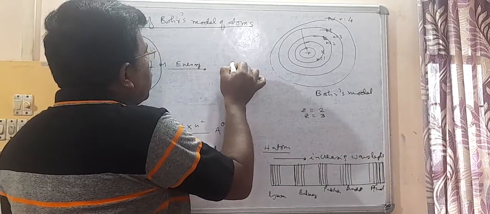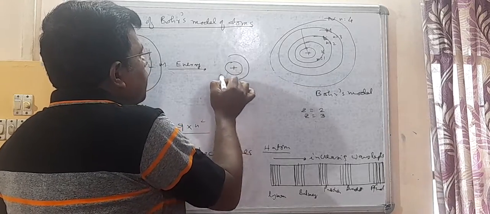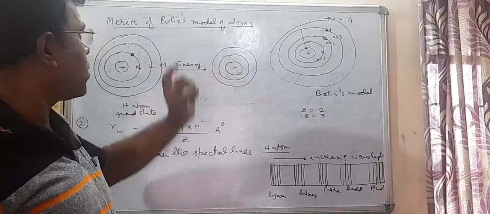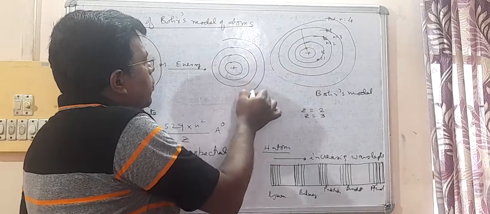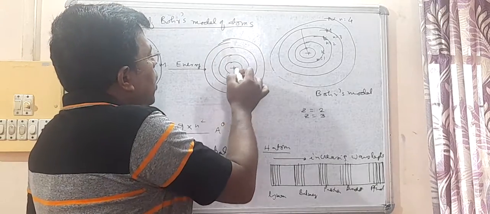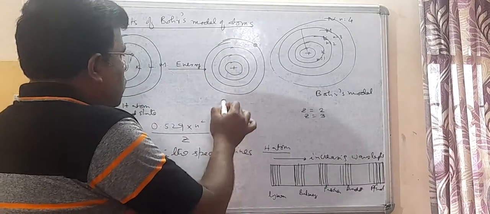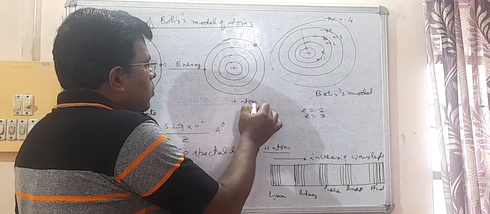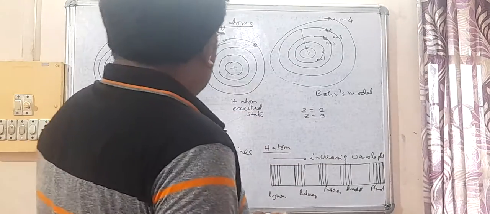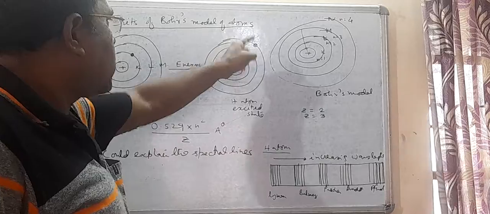So, suppose we have this atom in the excited state. Previously the electron was here. Now suppose the electron has jumped and it has gone to here. So this is hydrogen atom in the excited state, when we supplied energy and the electron has jumped to excited state.